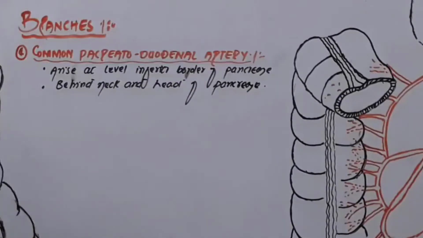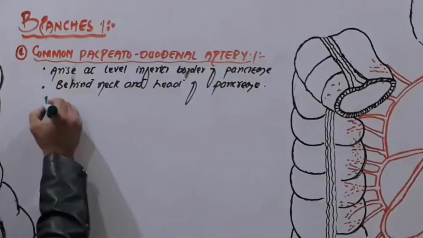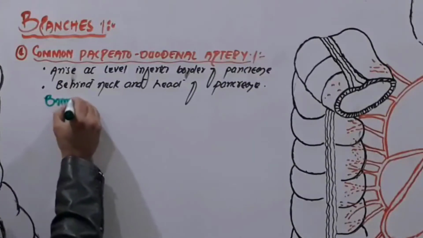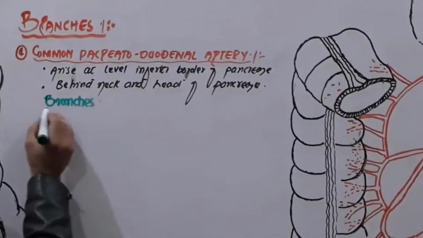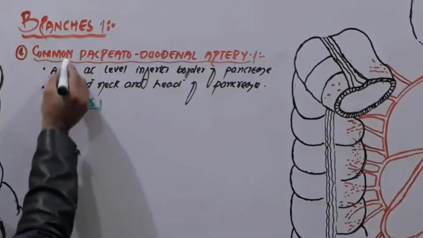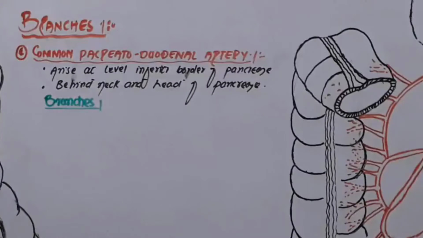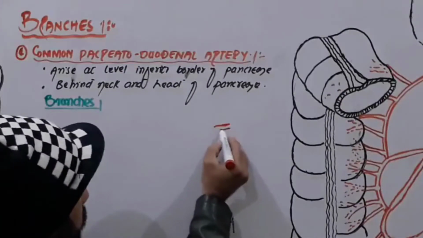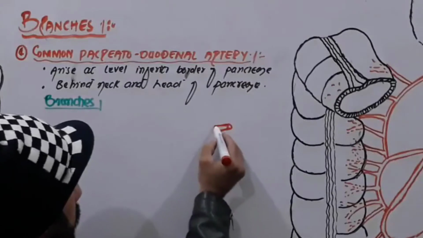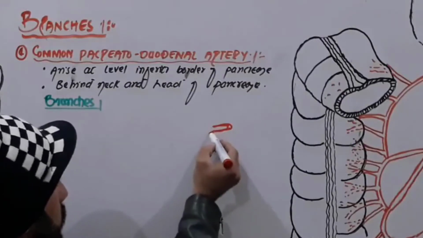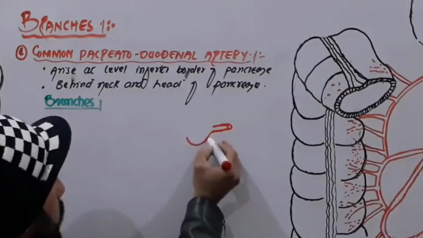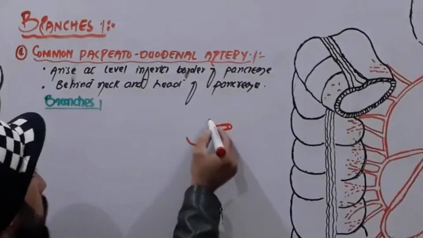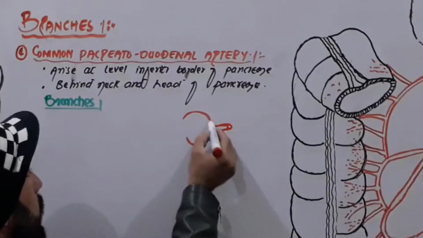Now look, then the further branches of this artery, let me write here as I'm using a different color to mention that these branches are the branches of the common pancreato-duodenal artery. So look carefully. When this artery arises, it gives off a branch like this here, and it gives another branch like this.